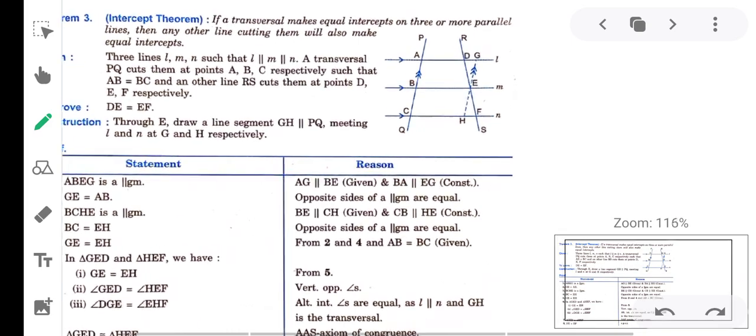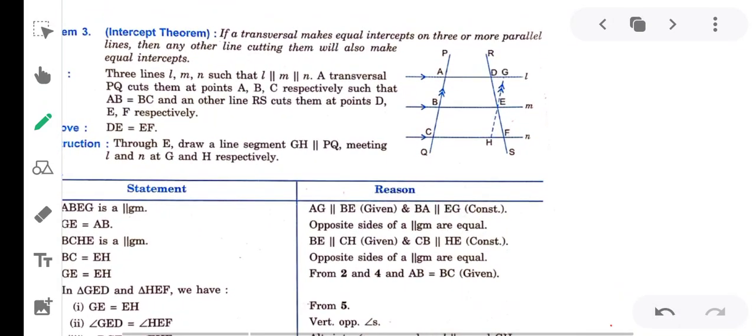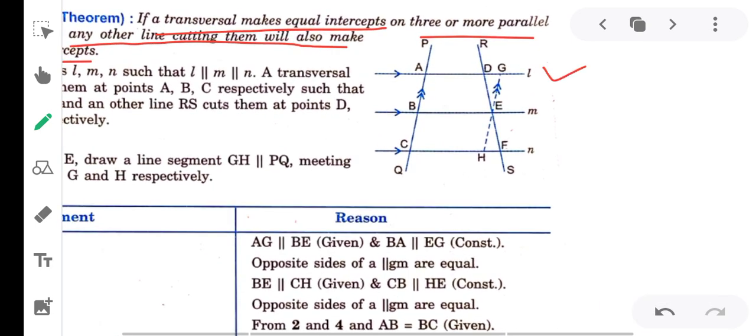If a transversal makes equal intercepts on three or more parallel lines, then any other line cutting them will also make equal intercepts. That means here L, M, N are the three parallel lines, and PQ is a transversal.